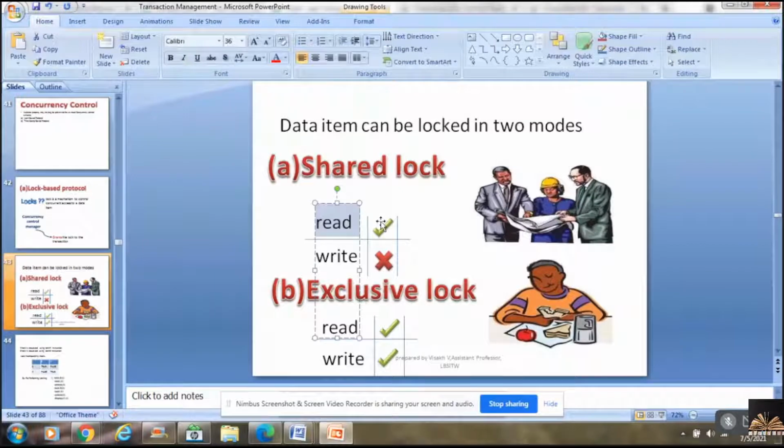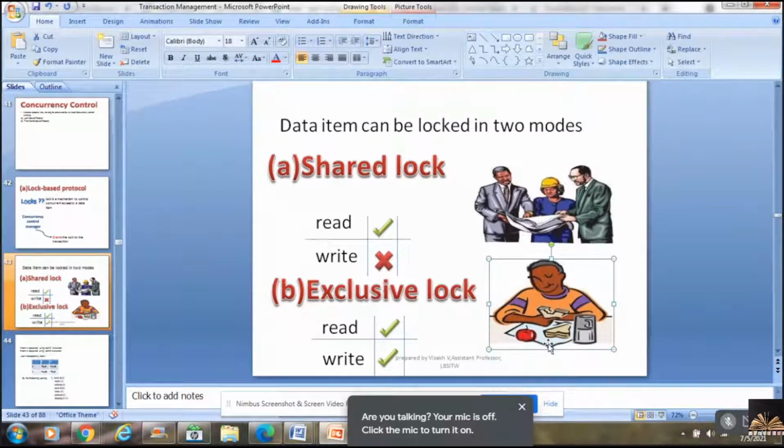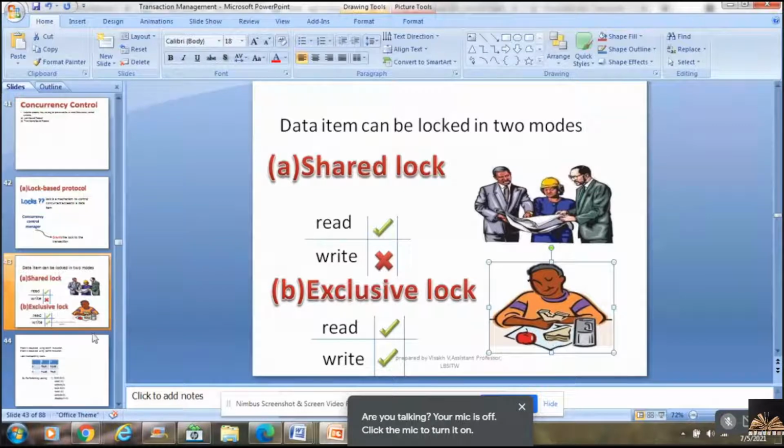I cannot perform a write operation with respect to a shared lock on a database item. And the second lock is the exclusive lock, wherein I can perform read as well as write operations. So whenever you want to read and write a particular database item, you have to acquire an exclusive lock on that particular database item. Okay.